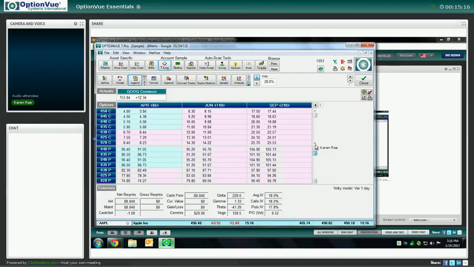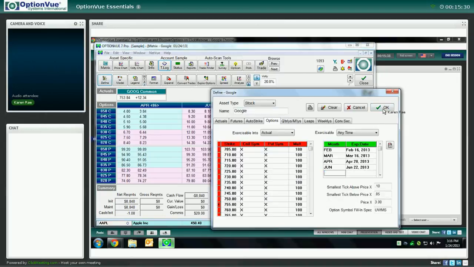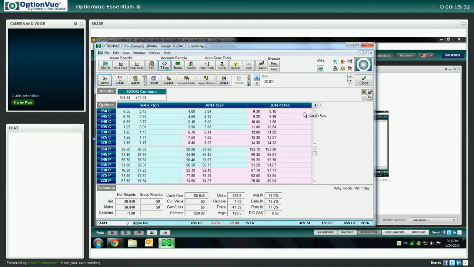This is 705 for the puts and 850 for the puts. Okay, and I've got my months again, March, April, and June, and September. Now, if I don't want the September, I can take those out, like we were talking about. All right, so now I've got 4 months, February, March, April, and June.